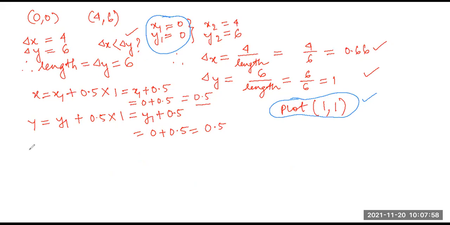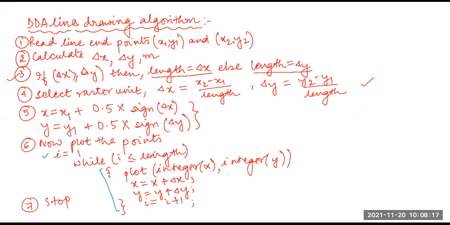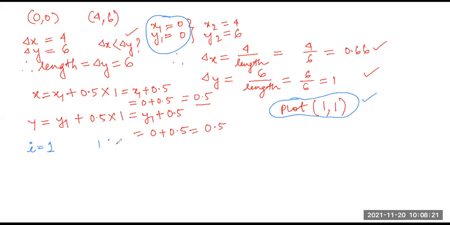So I will start from I equal to 1 and continue this loop till I is less than or equal to 6. The moment it crosses 6, I will stop. This is the rule. So for the first instance, 1 is less than 6, yes or no? Yes.